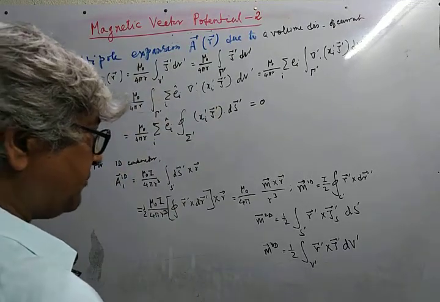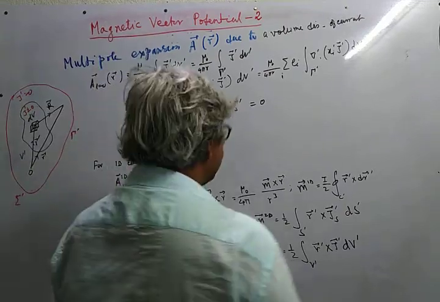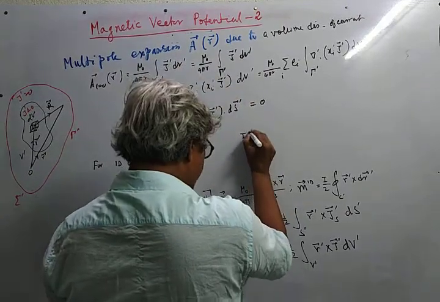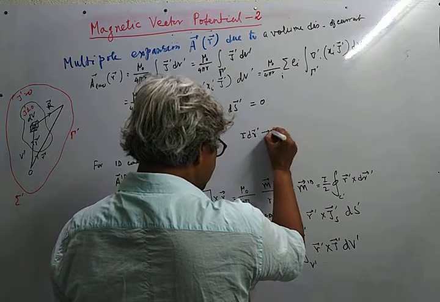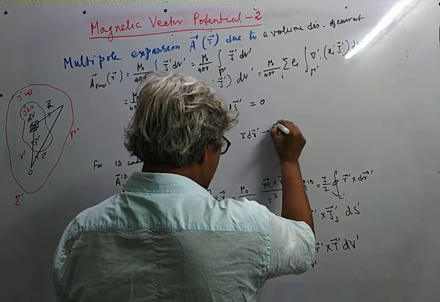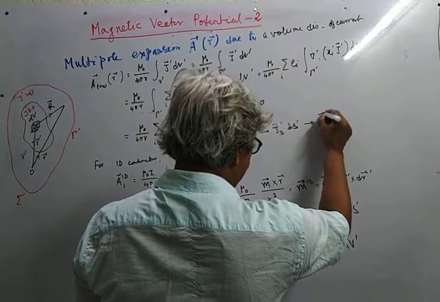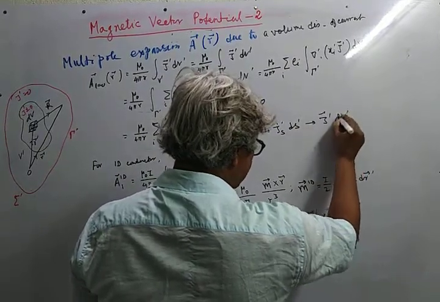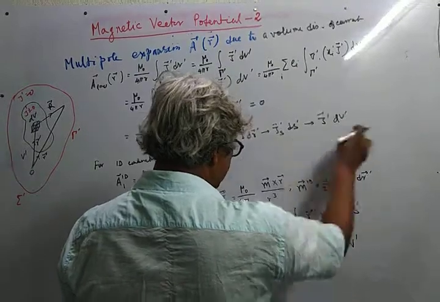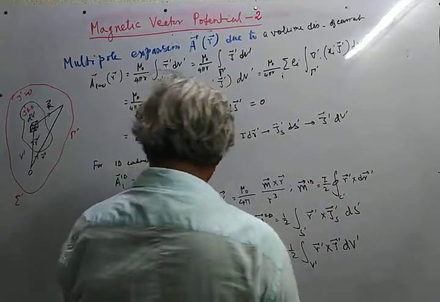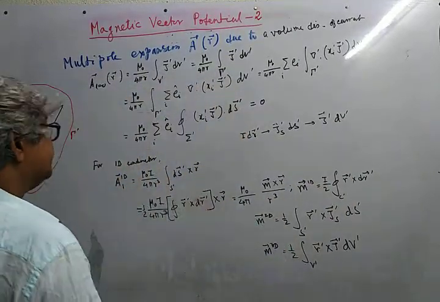We use the same definition, and the fact that I dr prime is replaced by Js prime ds prime or J prime dv prime, whatever the case. Either way we use the same definition, and the dipole moment is this.